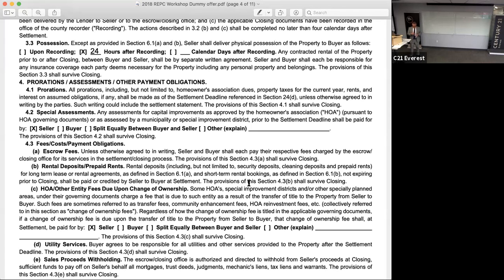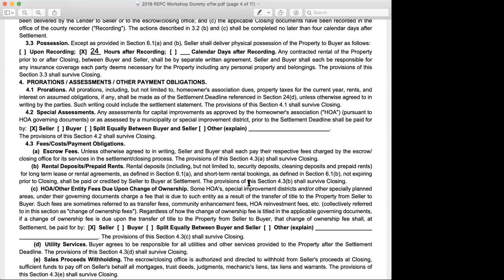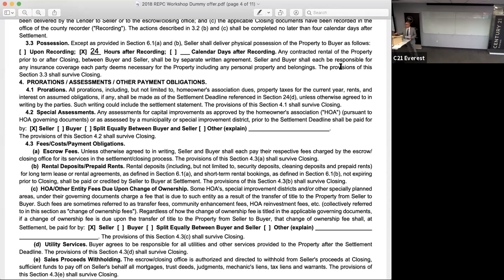Well, on the listing it says possession at recording. Okay, so David's saying that the MLS says recording for possession, and this one put 24 hours. But I guess, again, it's back to that same thing. Isn't that just being courteous and giving them an extra 24 hours? That's right. Probably that's what it is, just being courteous.